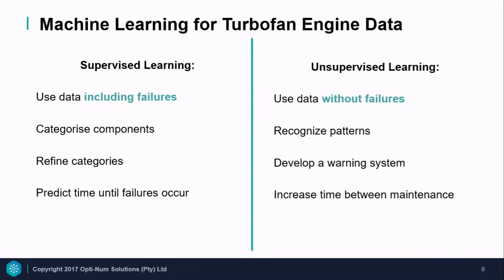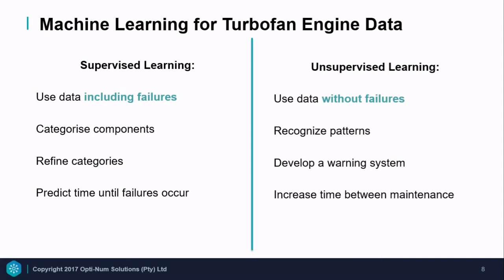Now for the turbofan engine data, let's look at how both of these types of machine learning techniques can be applied to the data. For supervised learning, we will have to use data including data where failures occurred. This data will then be categorized into components, and machine learning techniques will be used to refine these categories.